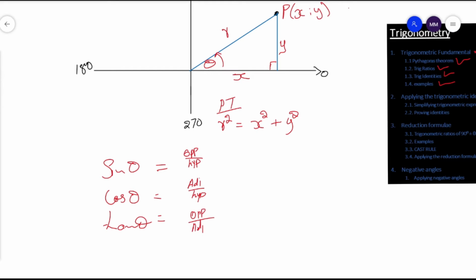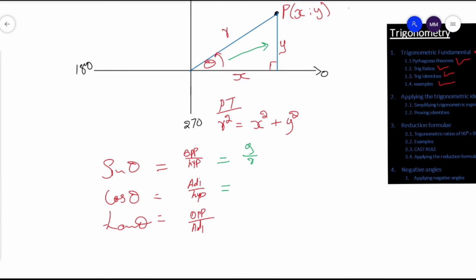Okay, so now all that we need to do is to compute this in terms of this triangle over here. So we'll have sine of theta being the opposite over hypotenuse. We know that the opposite of this theta refers to the y, and therefore it will be y over the hypotenuse r, so y over r.